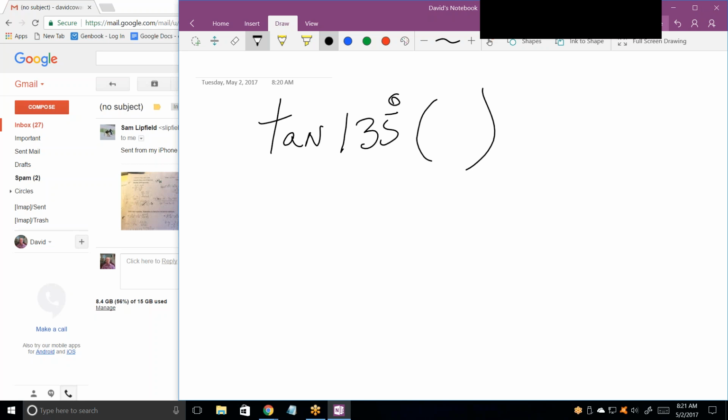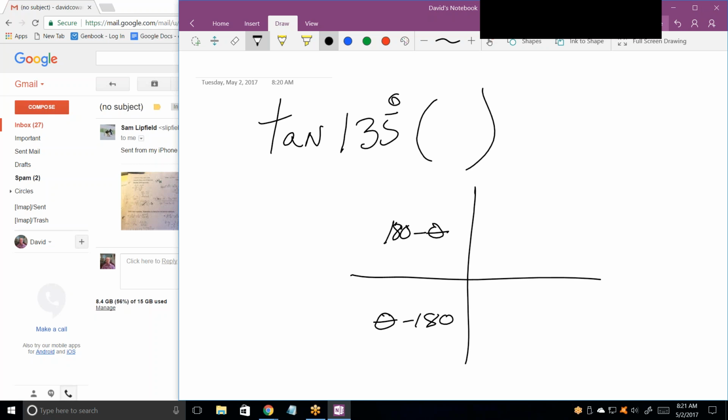No. Negative 225. No. Hold on. Here's your unit circle. Here's the formulas you use. 180 minus theta if you're in the second quadrant, theta minus 180 if you're in the third, and 360 minus theta if you're in the fourth. So what quadrant are we in? Second. Okay, so what formula, what's the reference angle?